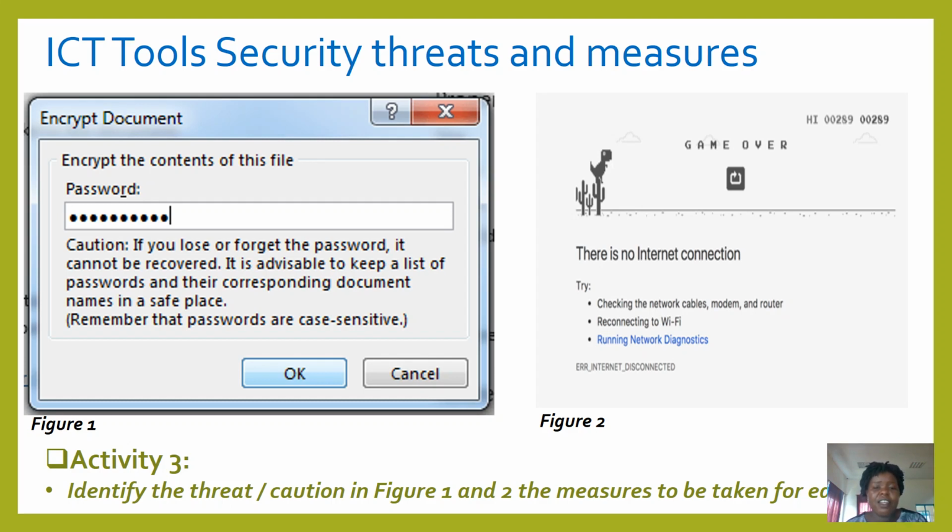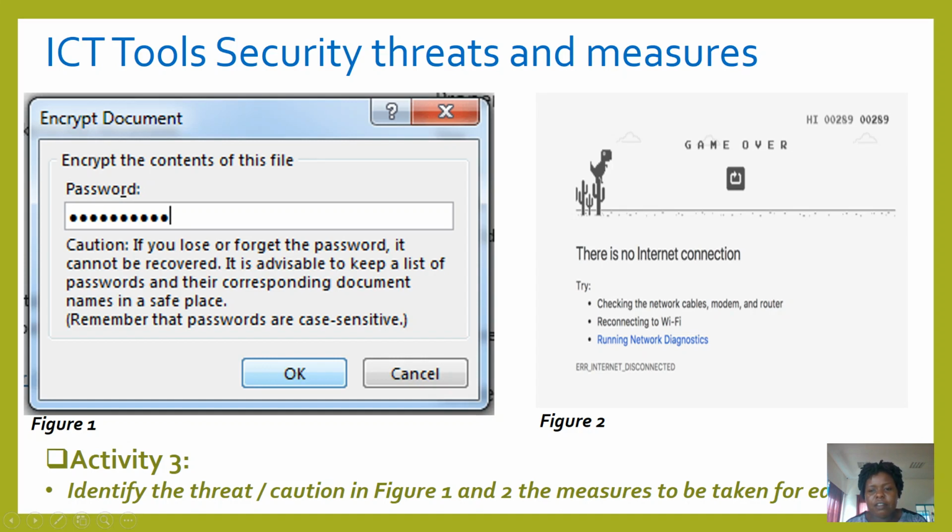So as we use these gadgets, we are not only talking about the dangerous part of it or something that can harm us, but we need to look at this: if I observe this caution, I won't harm myself in any way, or my documents will be safe. So it is not a matter of saying I won't because this one will happen. You just need to take caution and then take the measures as they are recommended.